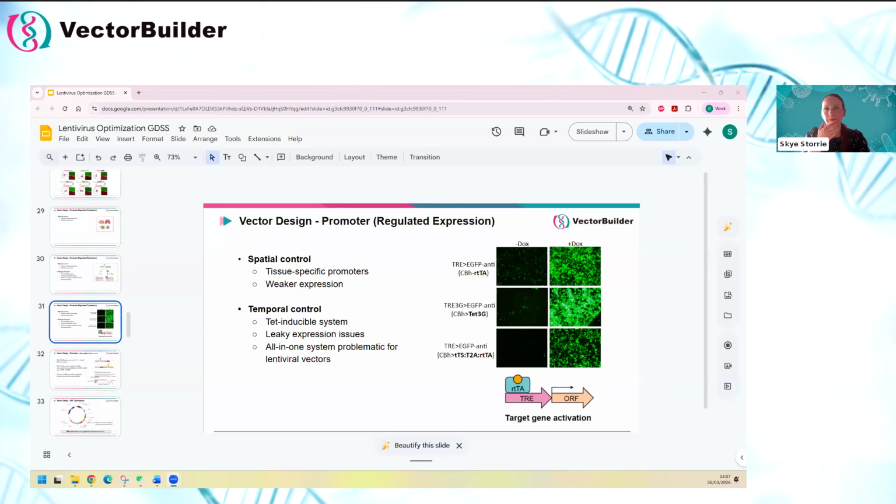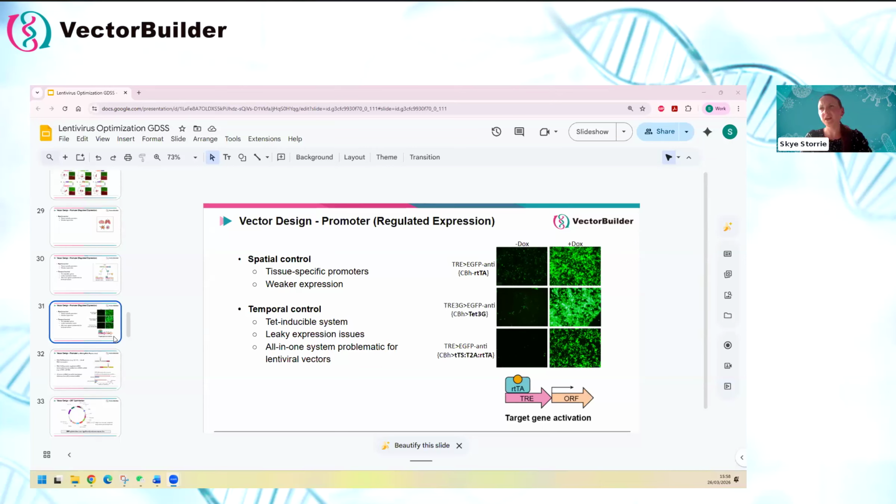Our next question: do you have any experience in transducing mesencephalic embryonic stem cells? If so, do you have suggestions on how the lentiviral vector should be designed for successful transduction? Personally, no, I don't have specific experience with that, but I think you can play around with different pseudotypes for embryonic stem cells.